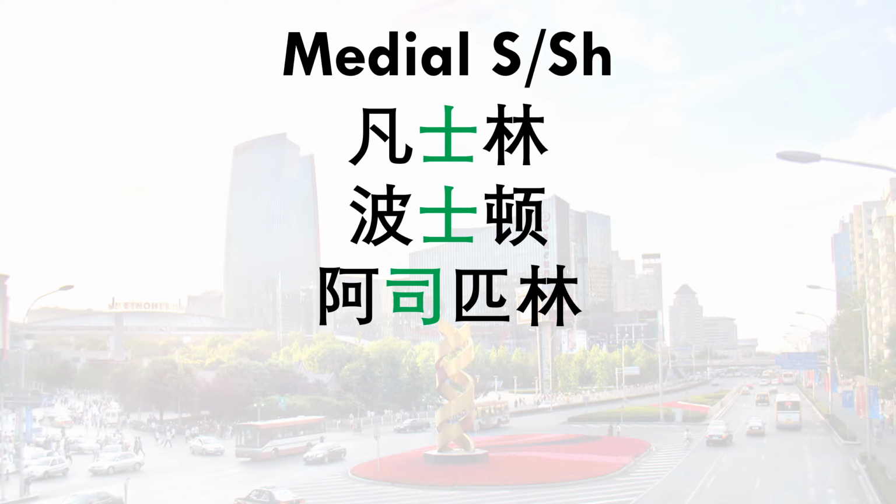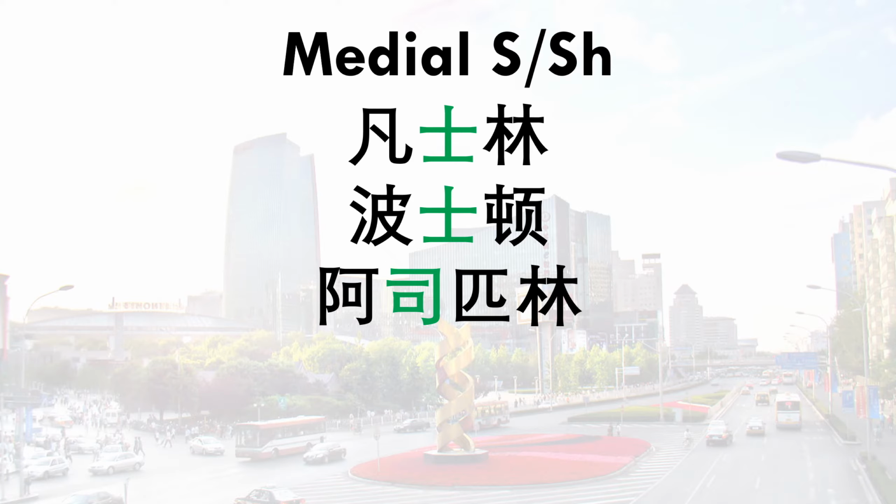For example, 凡士林, I'm pronouncing the vowel here, the 是. This means Vaseline, and you can make the vowel in 是 really short. I'm not saying it with a fully stressed syllable. 波士顿, Boston.